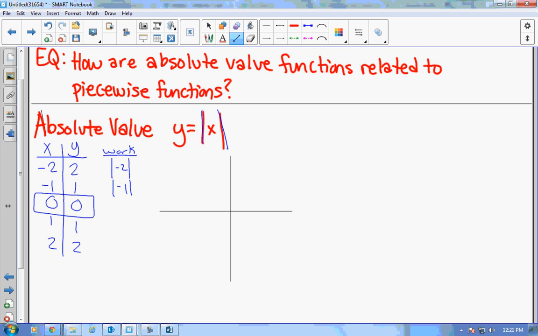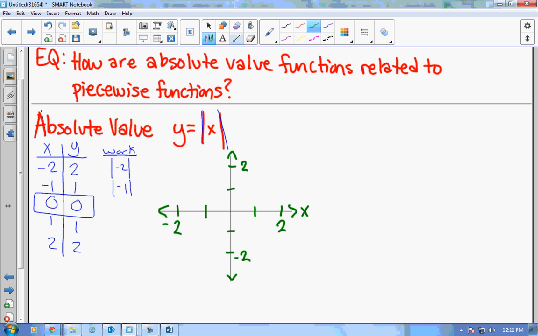Before you start doing the graph, you should look at your numbers so you know how to set it up. -2, +2, they should be evenly spaced, as good as you can get by doing it by hand. You need arrows, you need to put X, and you need to put a Y. And then plot the 5 points.